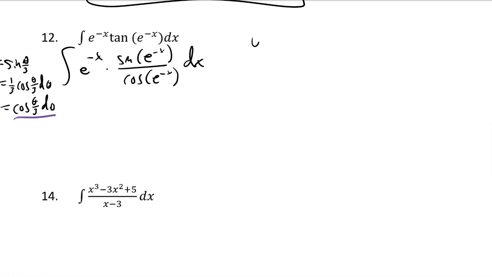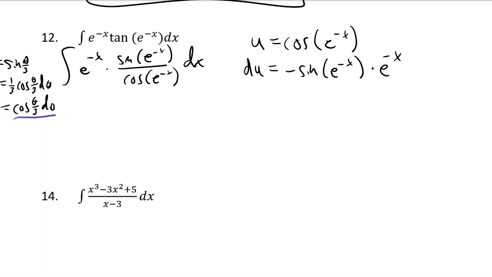Okay, so 12, since I've rewritten tangent as sine over cosine, I'm going to try to make u be this. And I'm not sure that this will be perfect, but I don't really know until I give it a shot. So the derivative of cosine something is negative sine something. But then chain rule, the derivative of e to something is e to something. And then chain rule again, so second chain rule, the derivative of negative x would be -1.